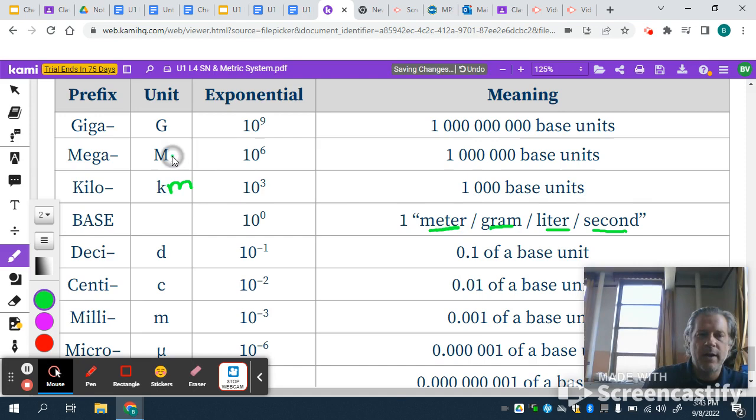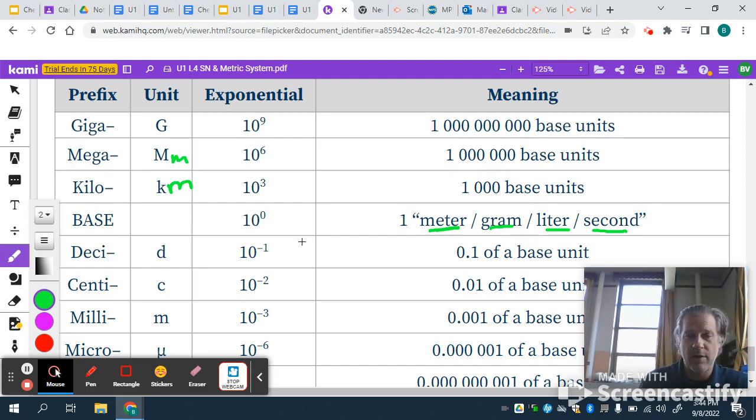We could have a megameter, which is a distance of 1 million base units. And we can have a gigameter. Sorry, the gigameter is 1 billion base units.